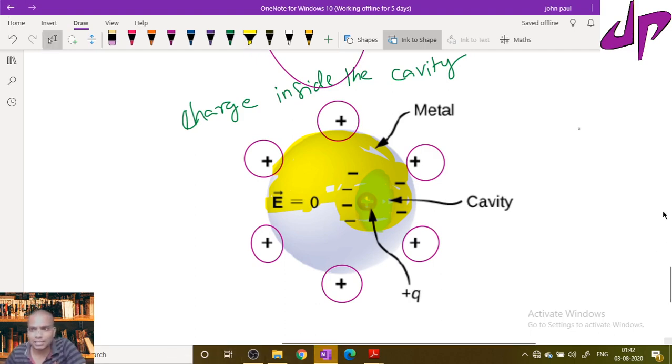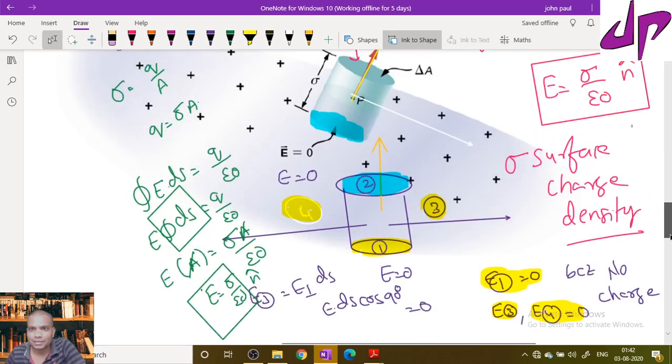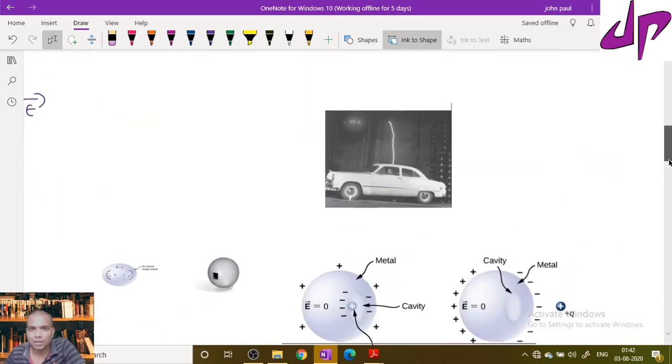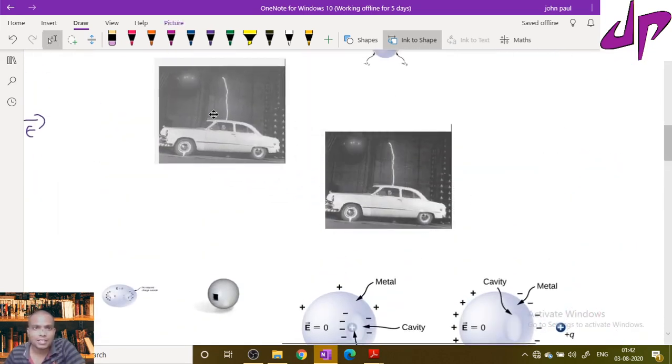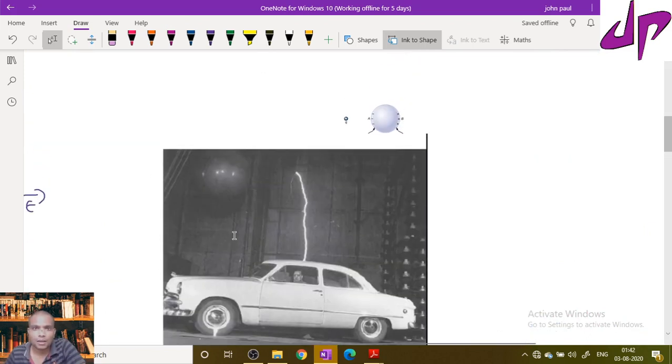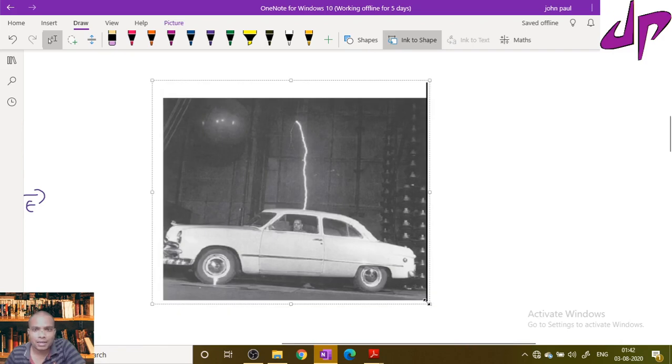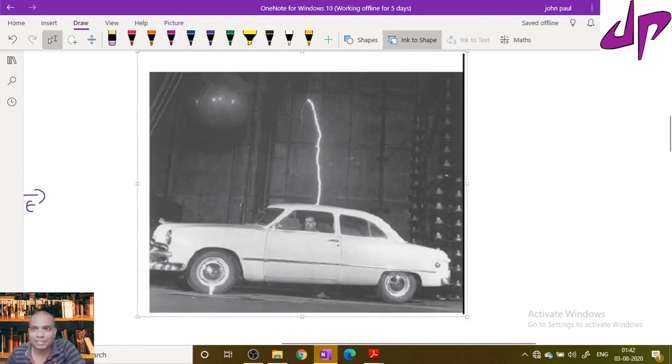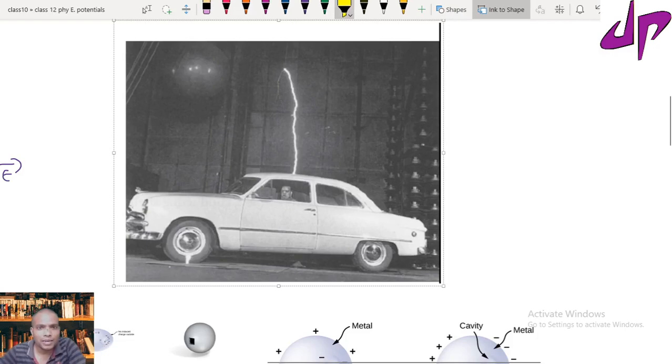If you sit inside the car while thundering, the thundering is just like a charged surface, the car is just like a cavity, and we are just like the charge. If you take this person within the car as a conductor, the human body is a conductor and the car is a conducting material.